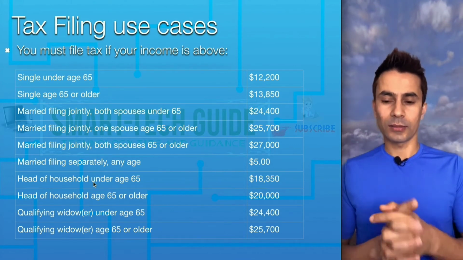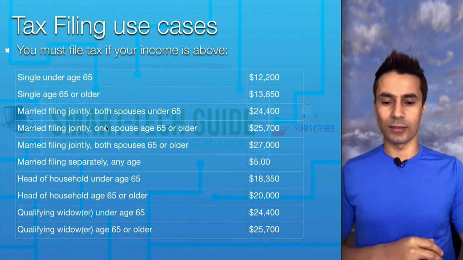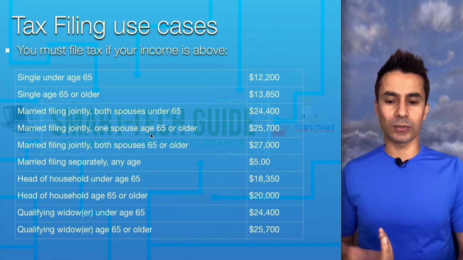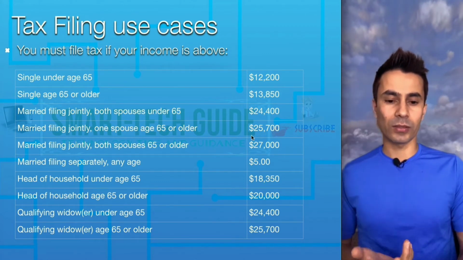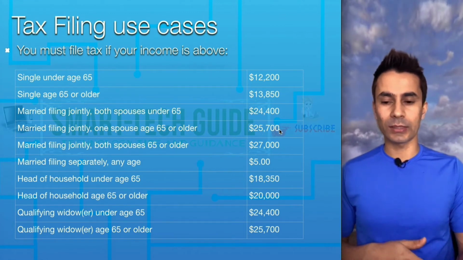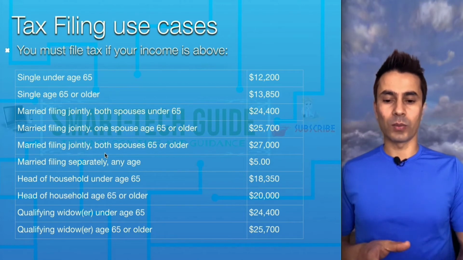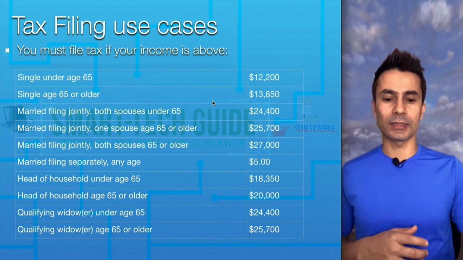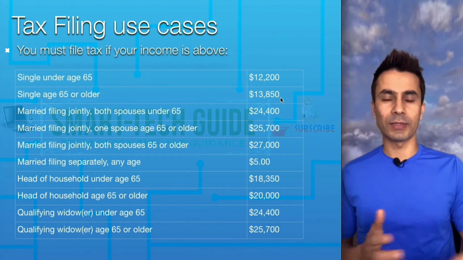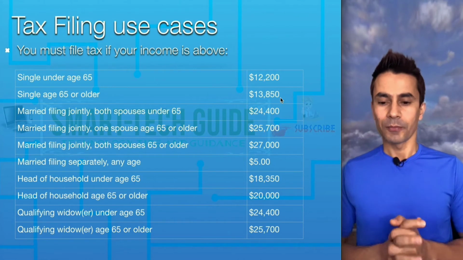There are some other filing statuses and income levels over here. Married filing jointly, where one spouse is 65 or older, goes a little bit above 24,000, to 25,700. Married filing jointly, where both spouses are older, gets 1,650 extra for each spouse, so it will be a little bit higher.